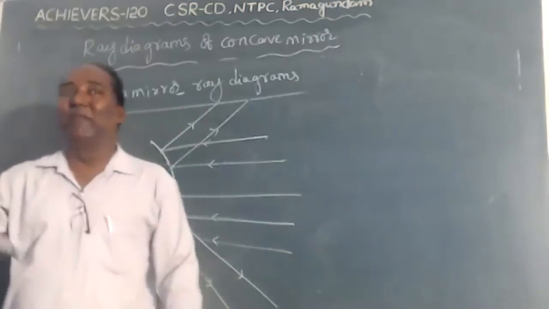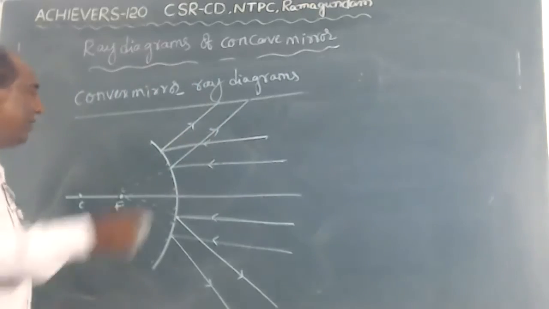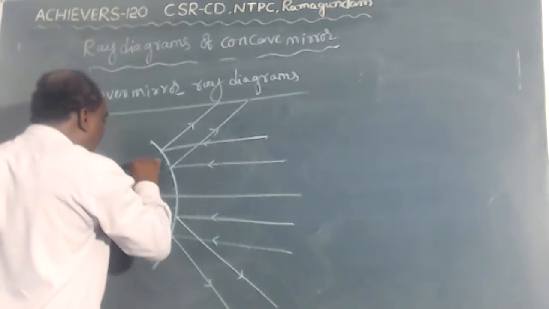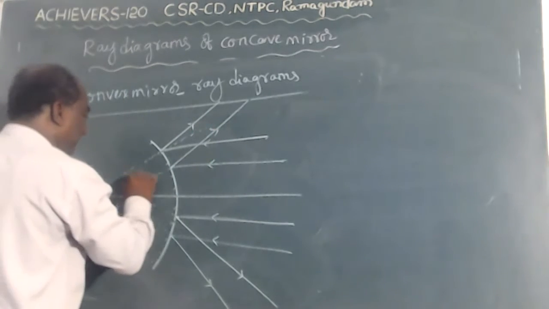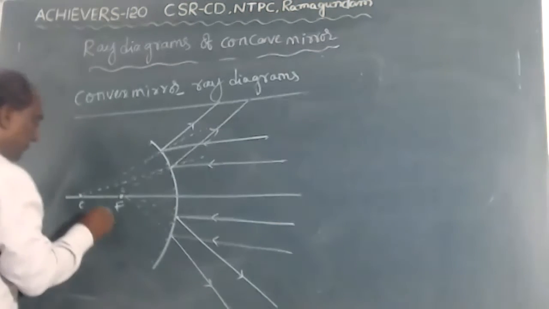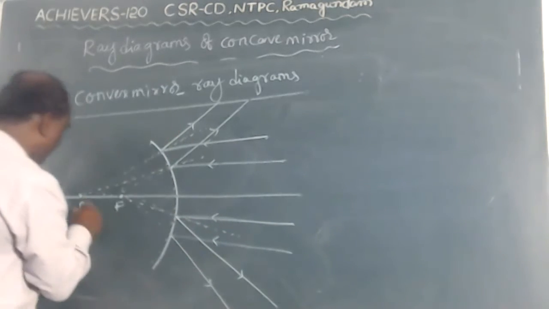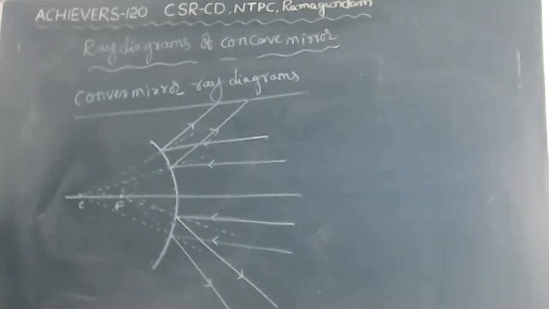Already we know that we can easily identify the normal. The normal always lies in between the incident ray and the reflected ray. Now it should strike the center of curvature. So these are the normals.